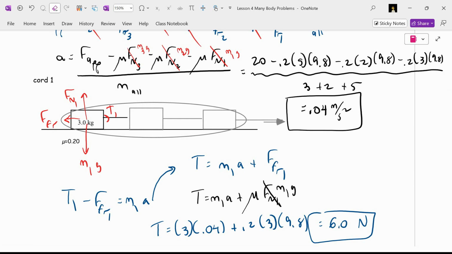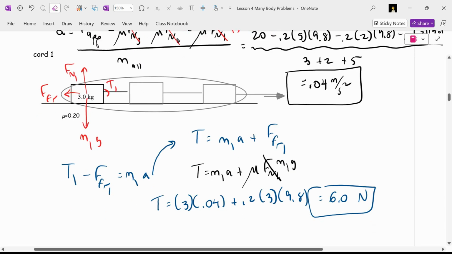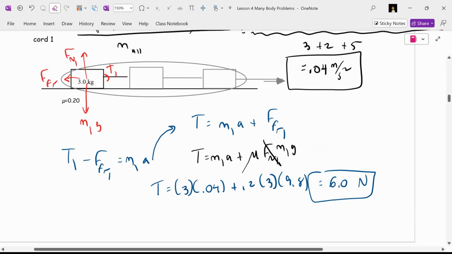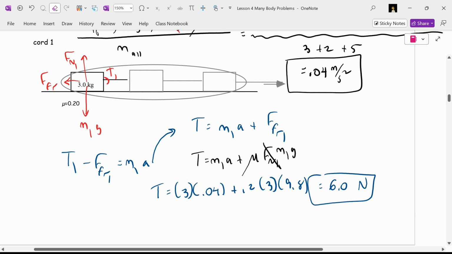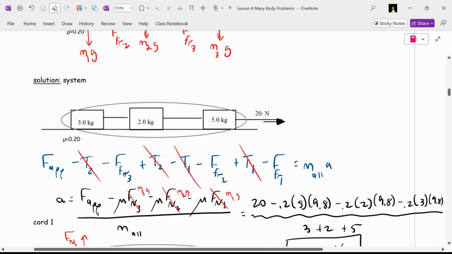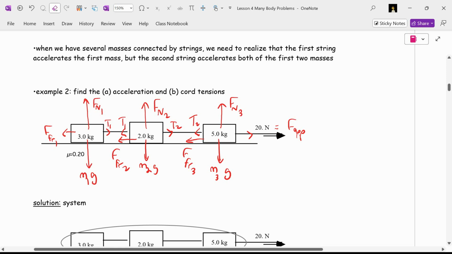Okay. We need to find tension 2 as well. Which mass looks less cluttered, the 2 kilogram mass or the 5 kilogram mass? Or which mass would I use to find tension 2 if I had a choice? Why might I not use the 2, the middle one?